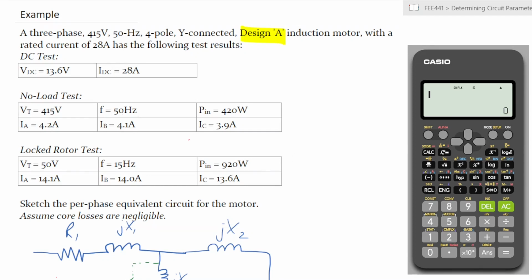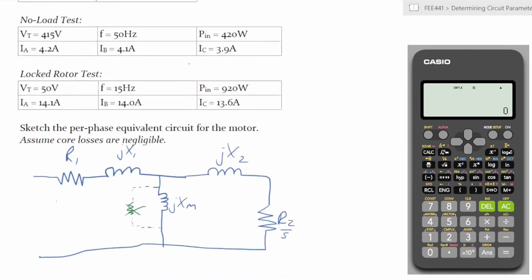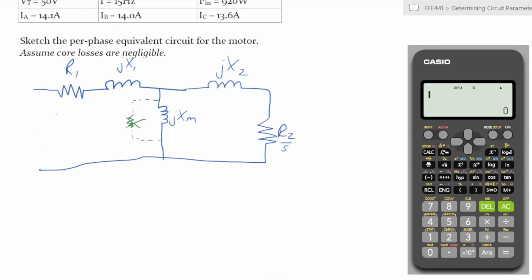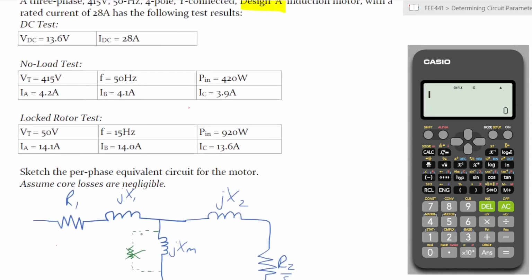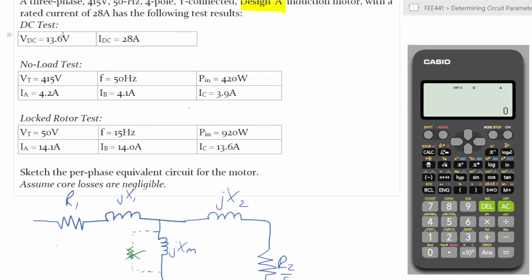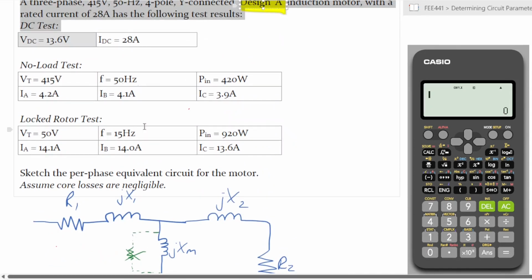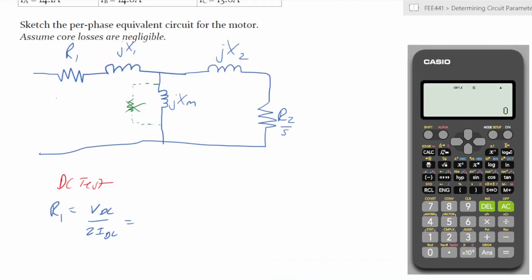So straight away, obviously the easiest one to look at is the DC test. So what do we determine from the DC test? First of all, you determine R1, which is pretty straightforward. That is DC voltage over 2 times DC current. And we are told that you've been given a voltage of 13.6 and a DC current of 28.